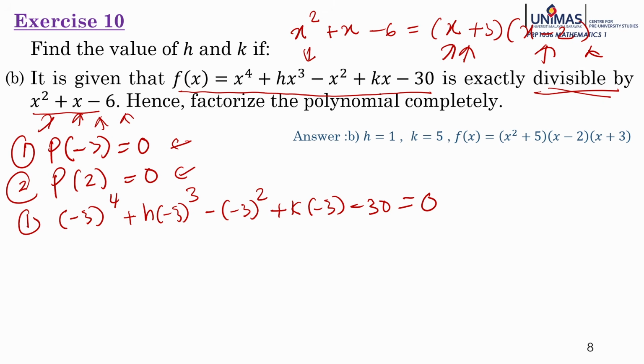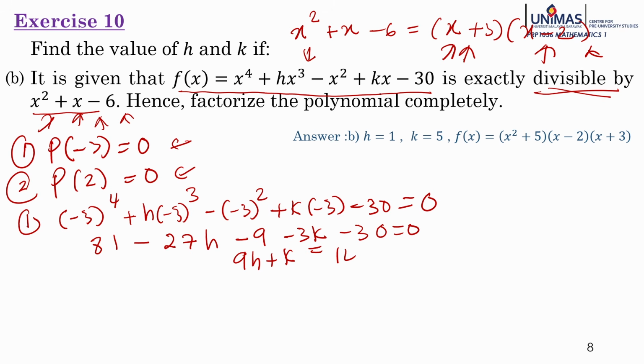So you can get 81 minus 27h minus 9 minus 3k minus 30 equals 0. And then you simplify, you can get 9h plus k equals 14. So this one is the first equation.